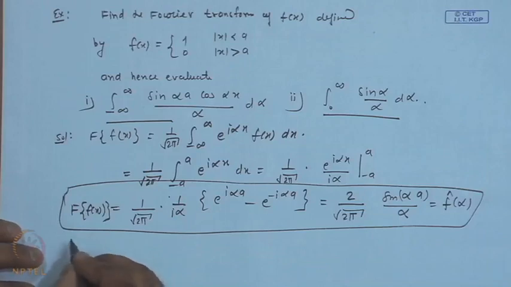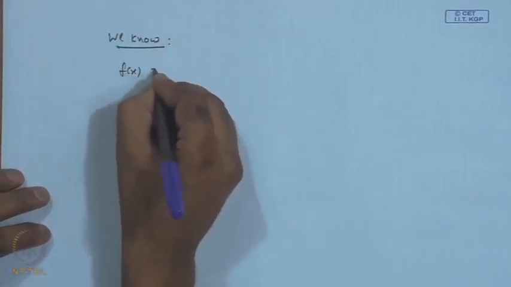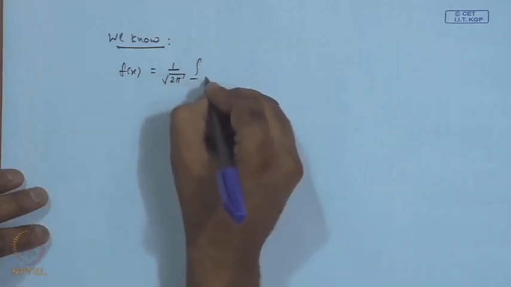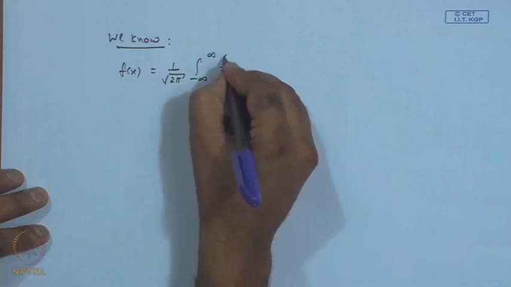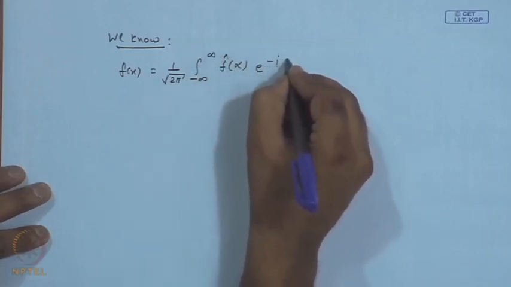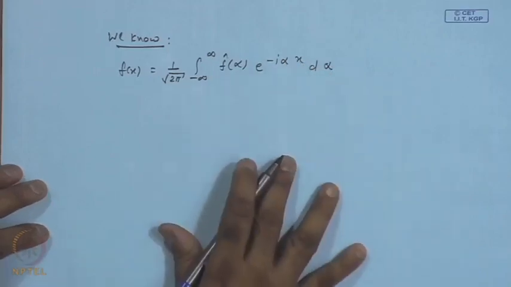So we know now from the inverse Fourier transform that f(x) is 1 over square root 2 pi, integral from minus infinity to plus infinity of f hat alpha e power minus i alpha x d alpha.